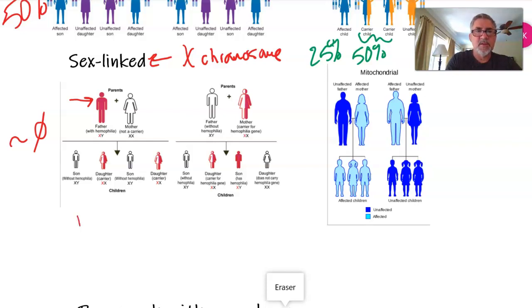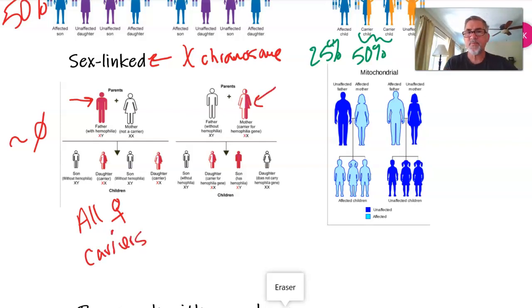So if the male has it, then all daughters, I can do daughters easier, so all daughters are carriers. So if I have a female who's a carrier, that's all sons.